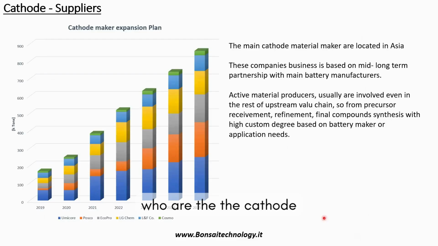Who are the cathode makers? The main cathode makers are Umicore, POSCO, LG Chem, LAF, and Cosmo. As you can see, their investments are very huge. The trend is to move from 180,000 tons per year to almost 900,000.